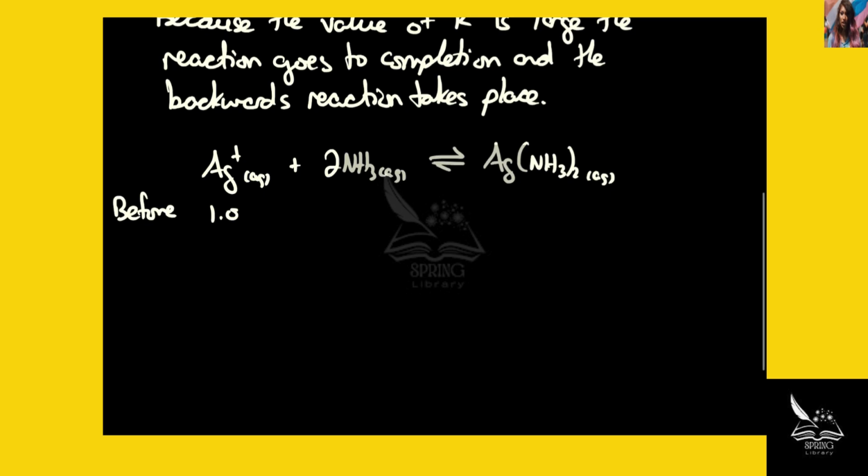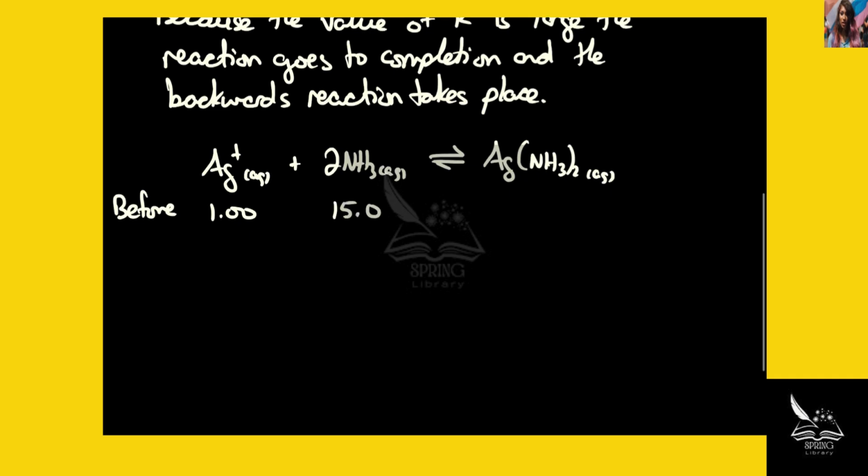Before the reaction, we have 1 molar Ag+, and the addition of 15 moles in 1 liter is 15 molar NH3, and 0 for the complex. After, we're going to go to completion here.